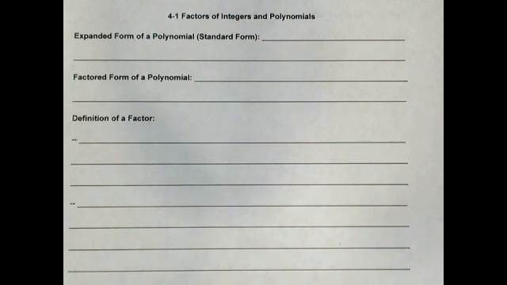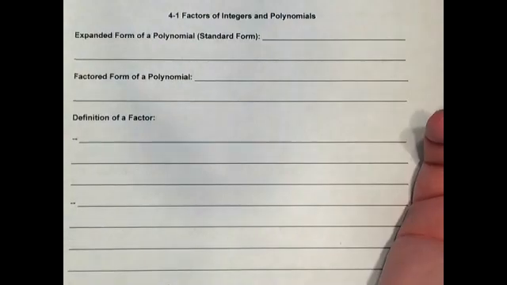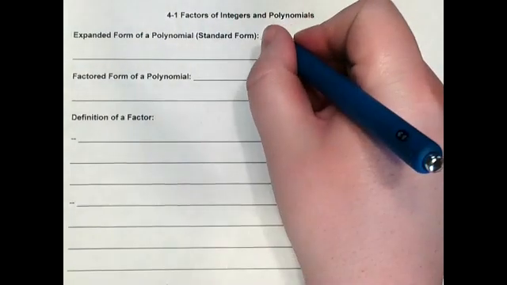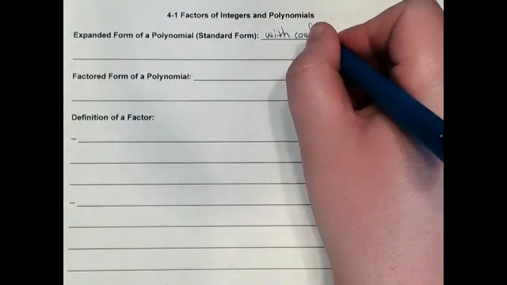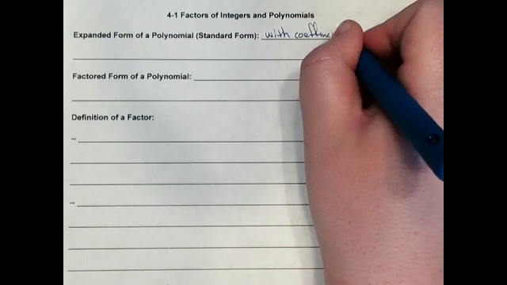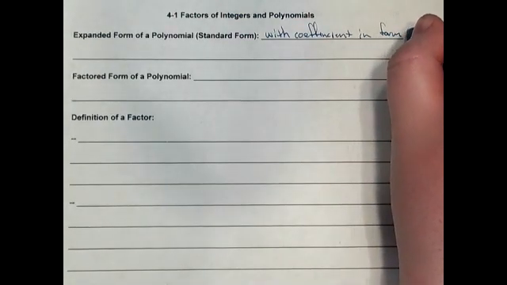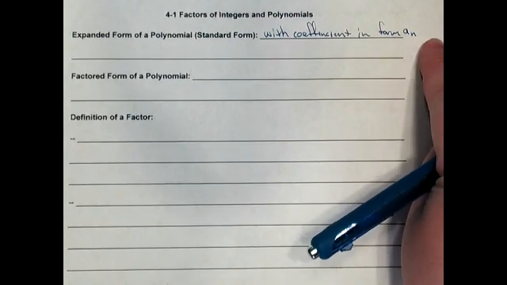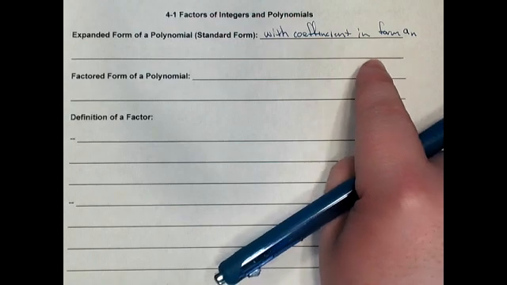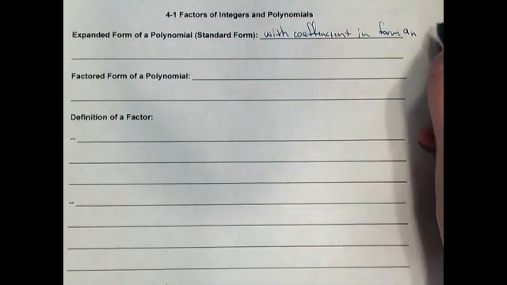So what I'm going to do is write the exponent form of a polynomial in standard form, with coefficients a sub n, and we could have a sub n minus 1, n minus 2. It's just to distinguish different terms.